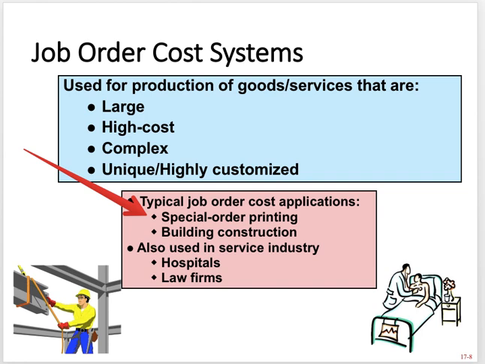Even though those items may not necessarily be large or high cost or terribly complex, they are unique. Right? Your accounting book is different than your math book. There's a different number of pages. They're going to have different numbers of pictures in the book and therefore need different colors of ink. So if there's something very special about each one, you're going to use job order costing. Also, any kind of building construction.